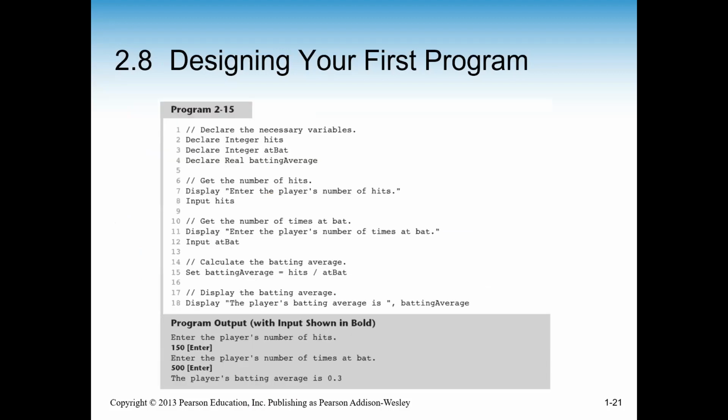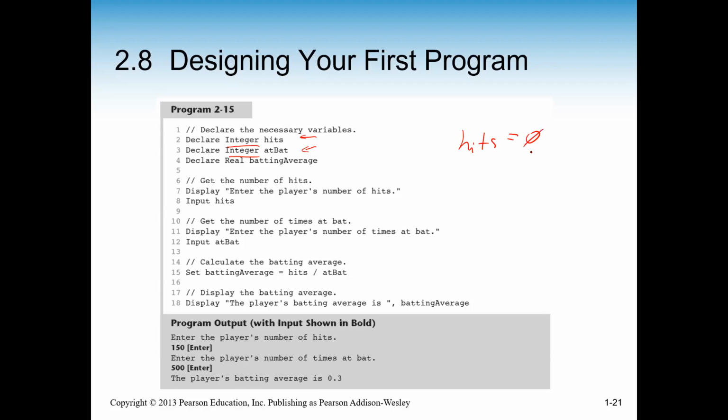So the pseudocode then would look like this. Designing your first program, we declare integer hits and integer at bat. This is where some people may find it confusing, because when we do this in Python, we're not going to have to write the word declare or the word integer. We're just really going to say maybe hits equals 0. It is really that simple.